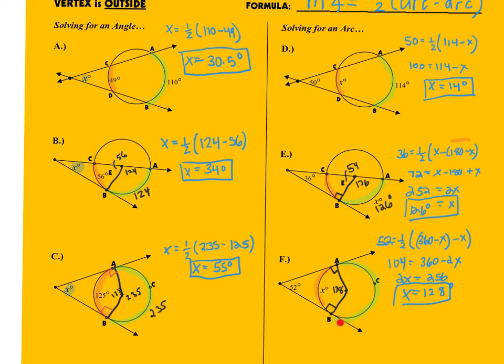So this is going to be 360 minus x, and then minus our x over here. So I'm going to multiply by a half. That's going to give this 104. If I look at this, minus x and minus x are going to combine to give me a negative 2x. And so I'm going to solve this to get that x is 128.